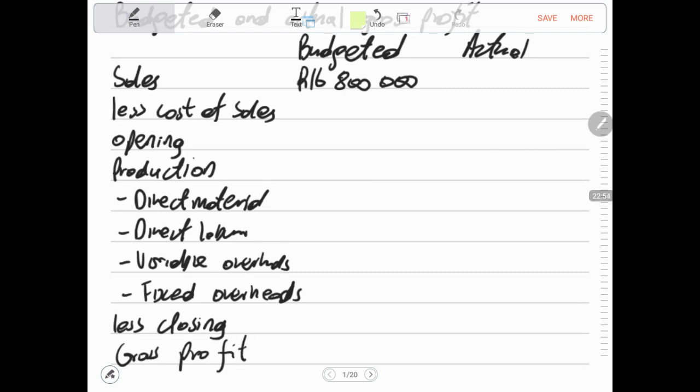So now this is how this will look like in terms of the income statement. Now please also be mindful with regards to material. I want to just highlight again with regards to material. Material that we are focusing on is material that was used.